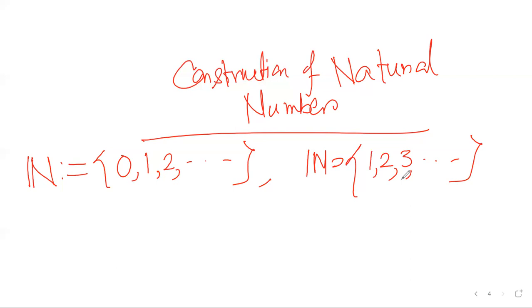Okay. So now, how do we construct this natural number set? If we want to construct a building, what do we need, right? We need a plot. Without any plot, we can't build a building, right?